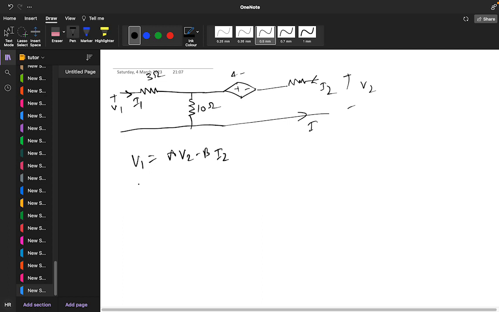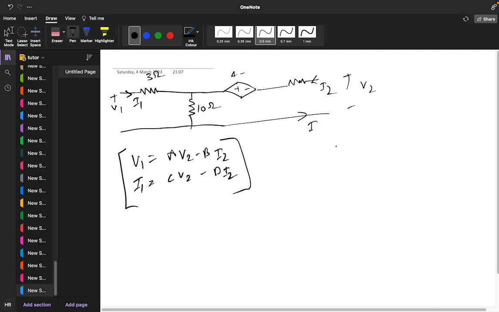And what is the second equation? I1 equals CV2 minus DI2. So this is the equation.